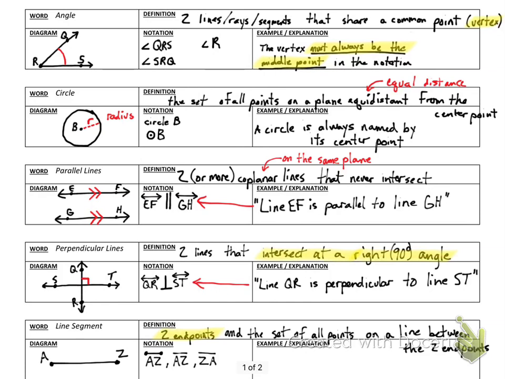So you don't need to waste your time trying to remember exactly the phrasing of things. Just look for these essential ideas. Parallel lines, these are lines that never intersect. And with circle, the main idea here is that all the points are equidistant from the center point.